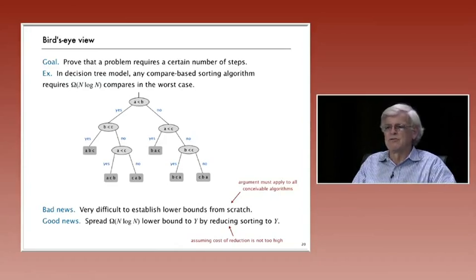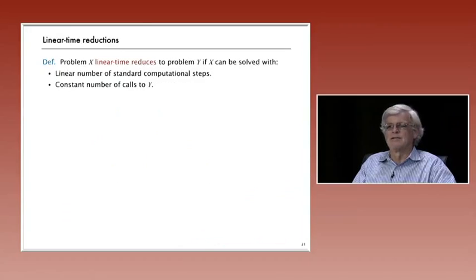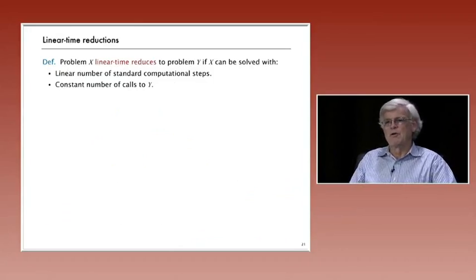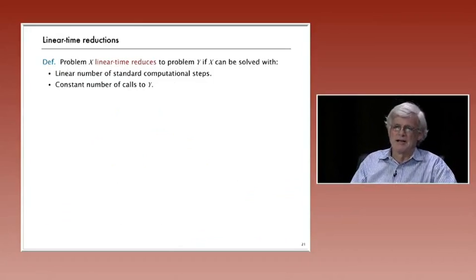If we can reduce sorting to a new problem without too high a cost of reduction, that gives us an n log n lower bound on that problem. So let's see how that works. We have to make sure the cost of the reduction is not high. That's key.